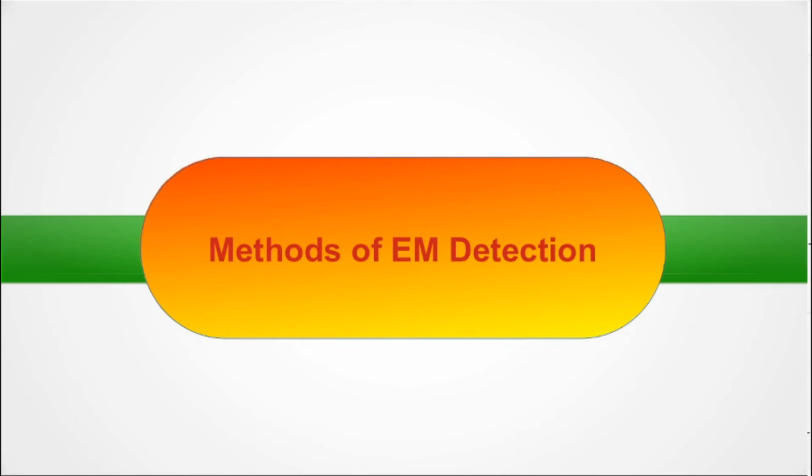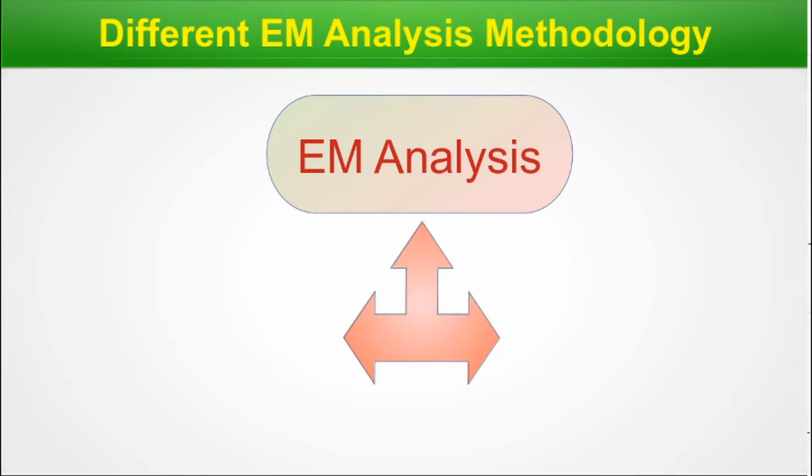Now let's come to the method of EM detection. In VLSI design, we have to detect the EM very early in the design stage. There are different methodologies. Let's see, there are two different methodologies.